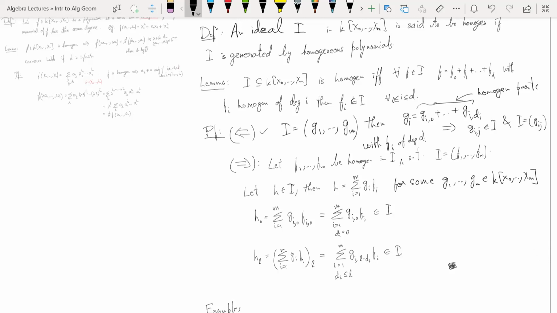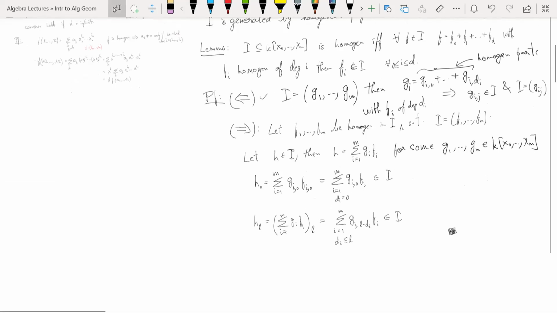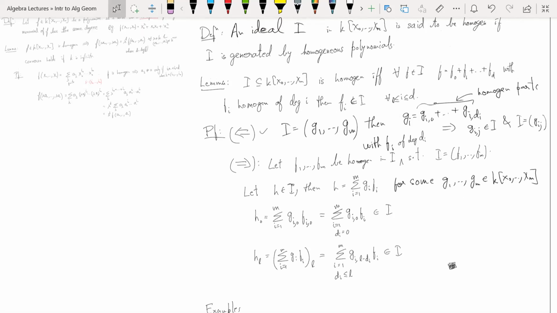But remember, F_i is homogeneous of degree d_i, so its constant term will be 0 if F_i has degree different from 0. So this sum is basically the sum of G_i0 F_i for i equals 1 to m, but only those i such that d_i is 0.